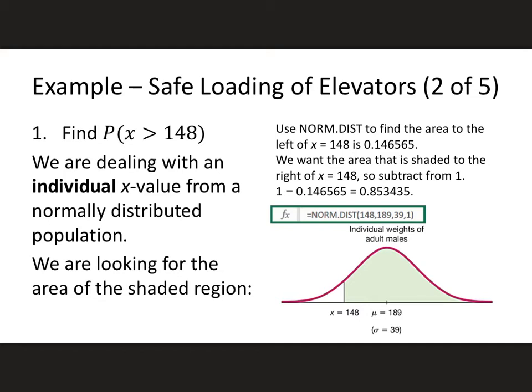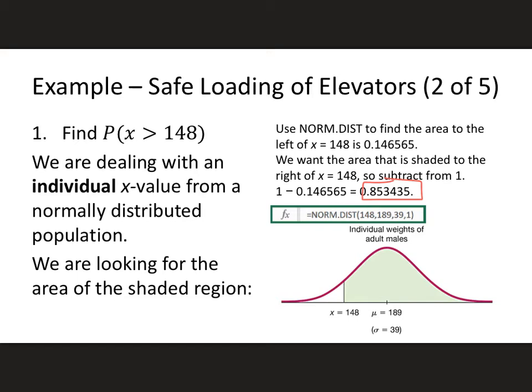And again, we're looking for greater than. You can see that shaded green region, so we're going to need to do 1 minus your norm.dist of 148, 189, 39, comma, true. And that gives us 0.853435.